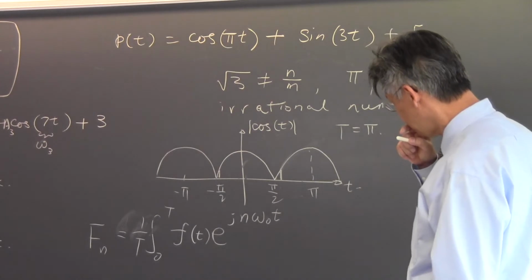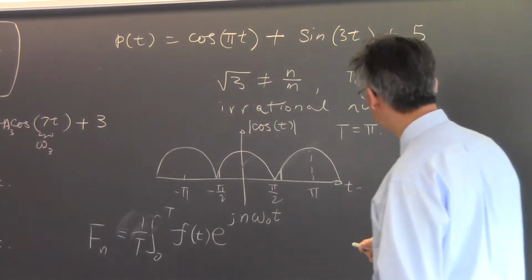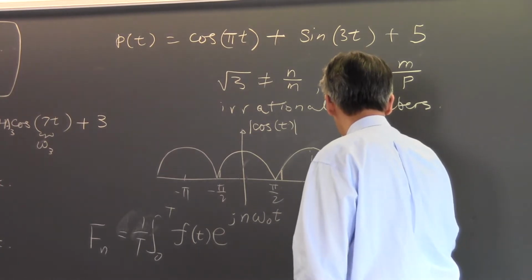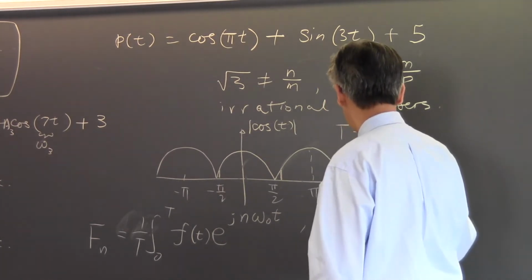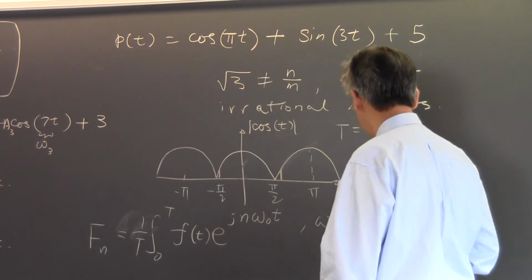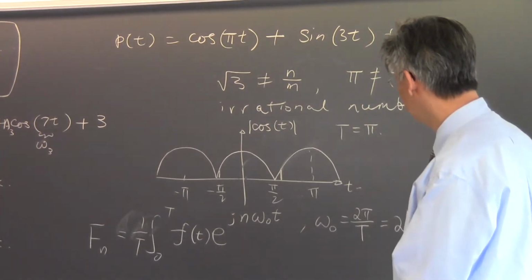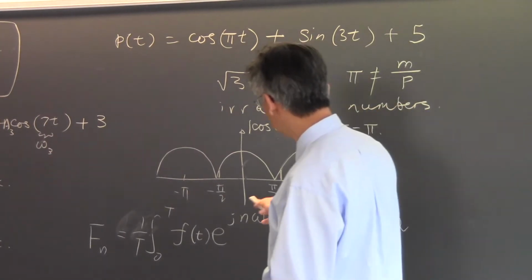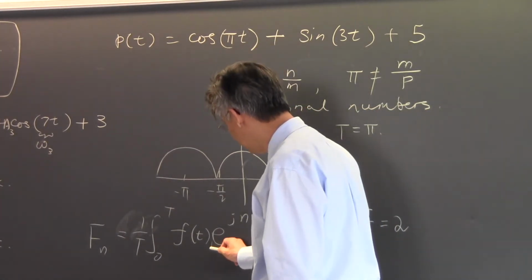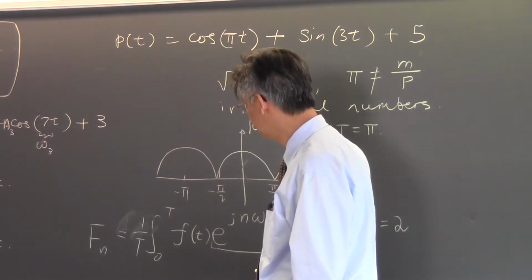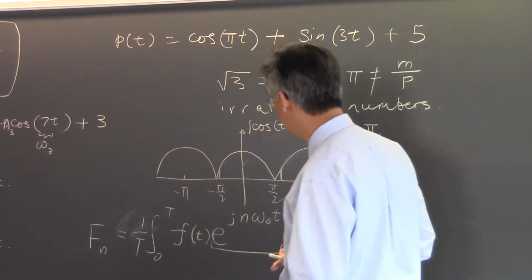So what is the fundamental frequency that you should pick? Omega naught is 2 pi over T, which is, in this case, T equal to pi, so omega naught is 2. So you ask yourself, this function repeats itself every pi, so all the Fourier harmonics must repeat themselves according to the period of this function.